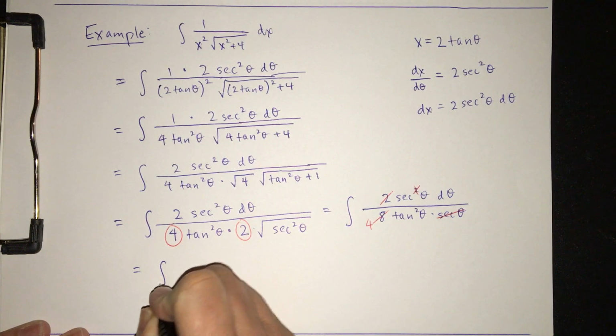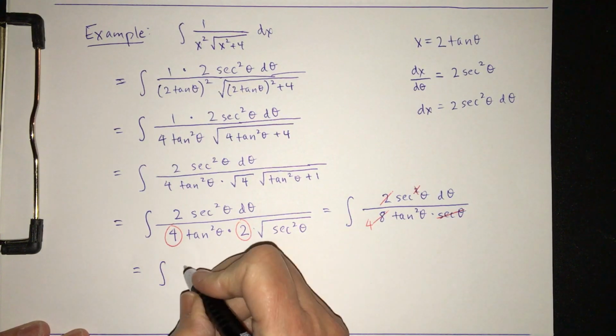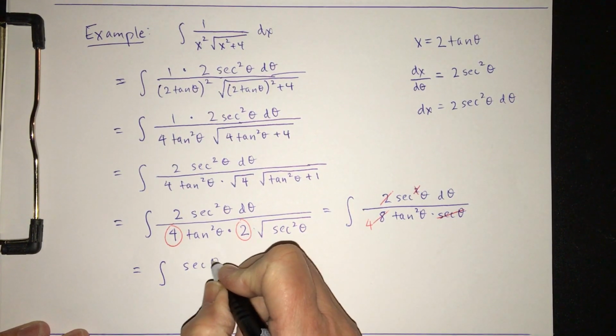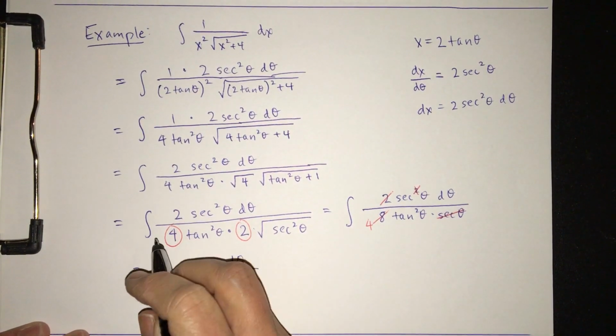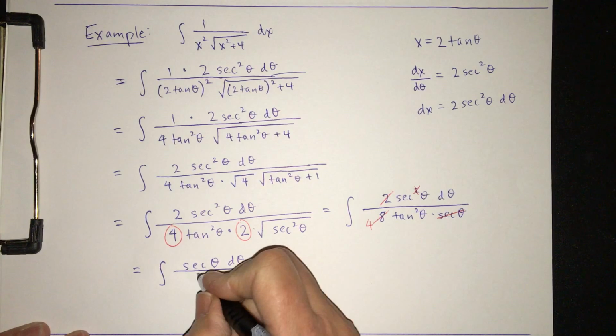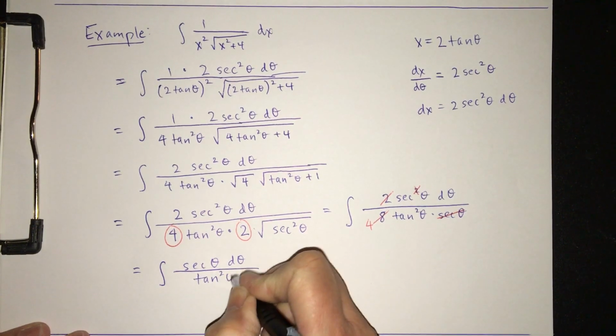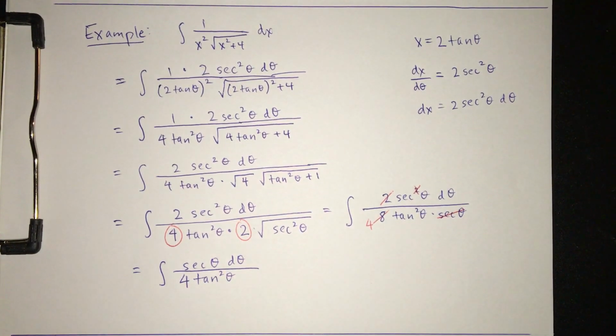So this now gives me secant theta d theta over 4 tangent squared theta. And let's not forget the 4.